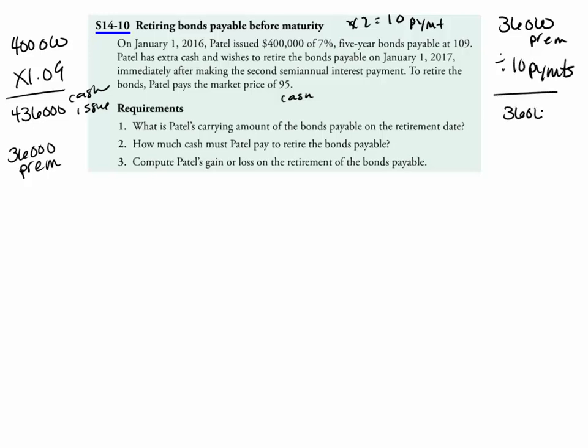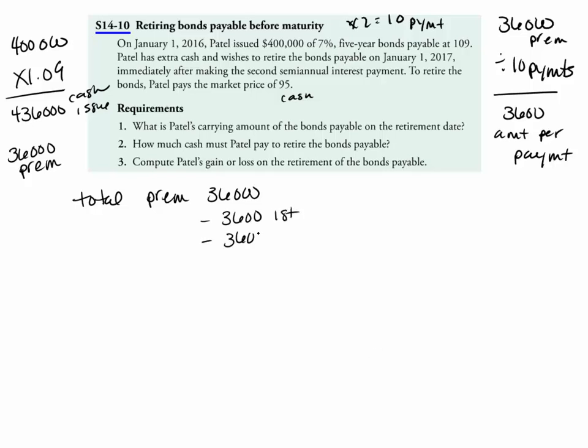So that'll be $3,600 is the amortization amount per interest payment. And I would have done that twice, right? So the total premium is $36,000, and after the first payment I reduced that by $3,600, the first interest payment, and then the second interest payment, I reduced it by $3,600.